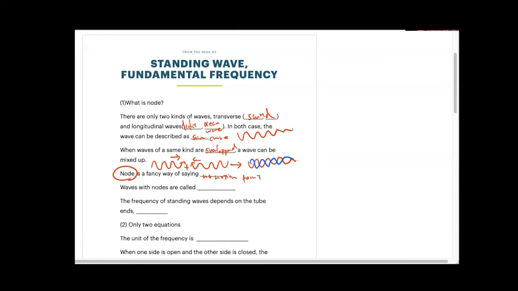And if you see these waves, this is no motion point. So you can say that we see 1, 2, 3, 4, 5, 6, 7, 8 nodes in these waves. So this is how you use nodes. And the waves with a node are called standing waves.